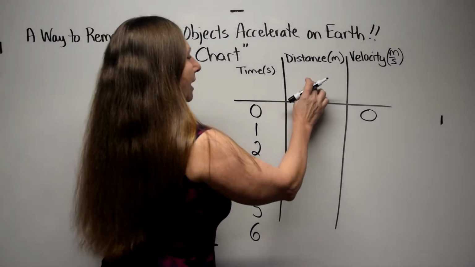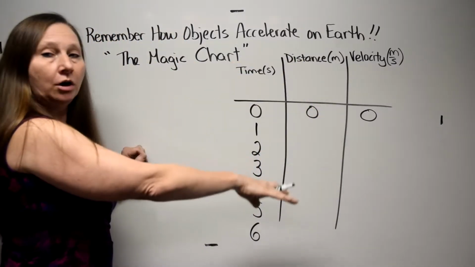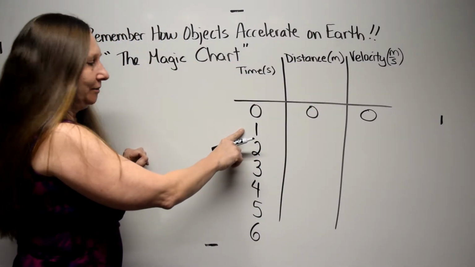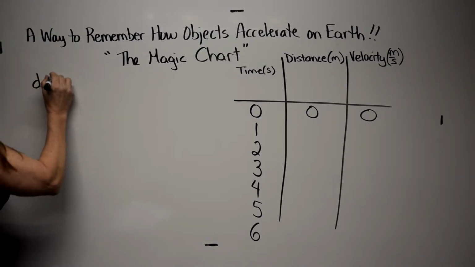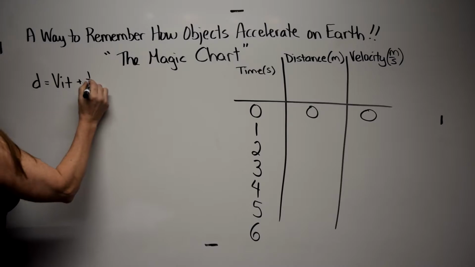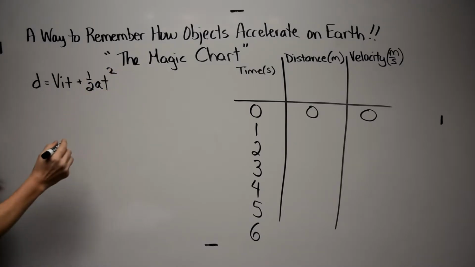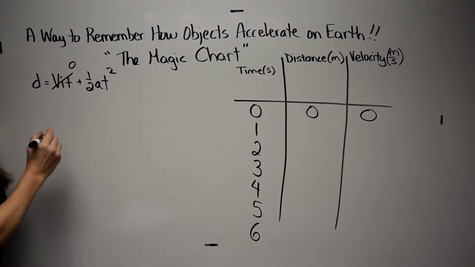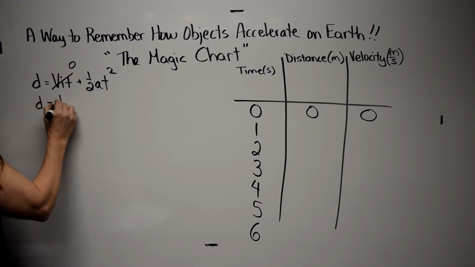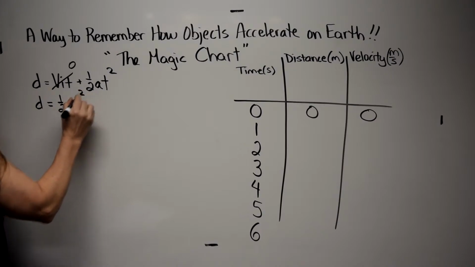Now, let's figure out the distance an object falls from rest in 1 second. So here's the equation. All right? D equals V initial t plus 1/2 at squared. We know that V initial is 0, so we get rid of that. So D equals 1/2 at squared.